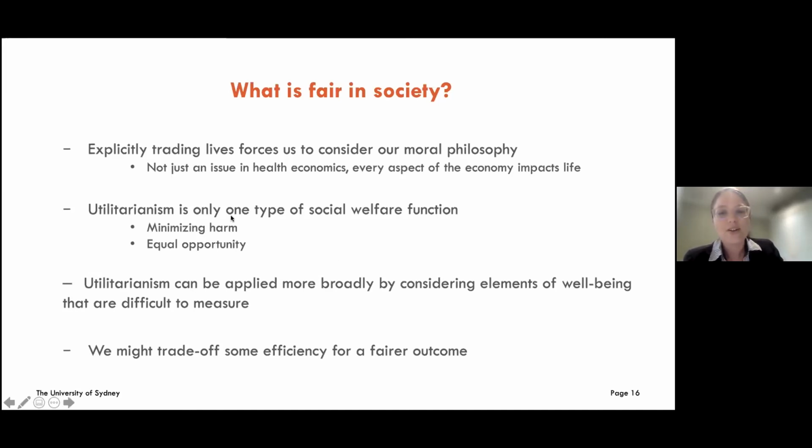And so this idea of maximizing the total well-being of the group, so summing up everybody's individual well-being and doing what makes the pie biggest, that's just one way of thinking about fairness in society. When I was describing the example just before, I alluded to what's called Rawlsian social welfare functions.